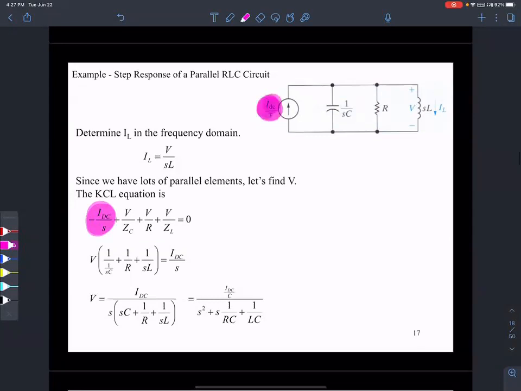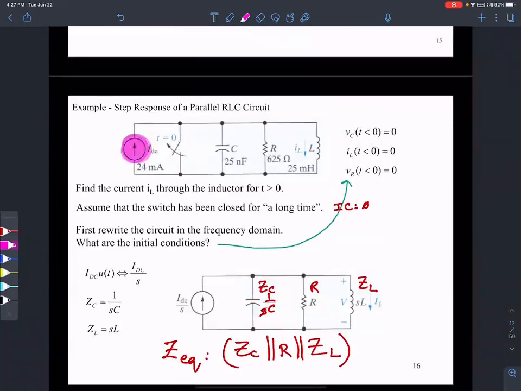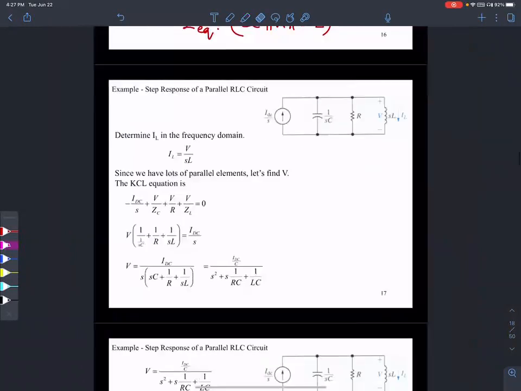You want to pay attention to the fact that in the time domain, this was IDC. But when you convert it into frequency domain, it's going to be IDC over S. So it's a matter of simply applying Kirchhoff's current law, or Kirchhoff's voltage law, as necessary.